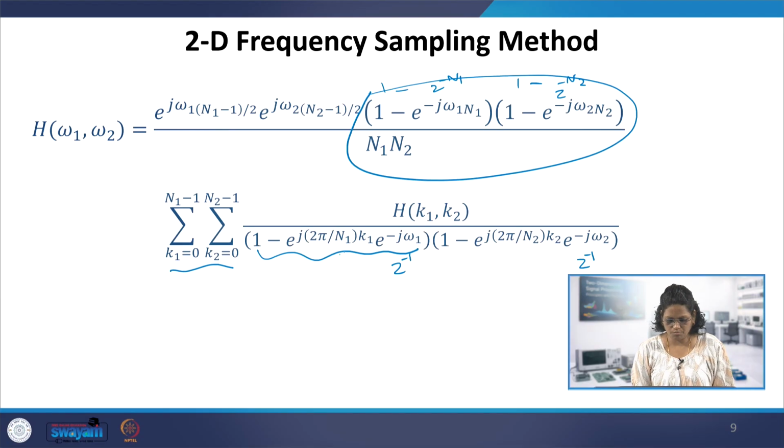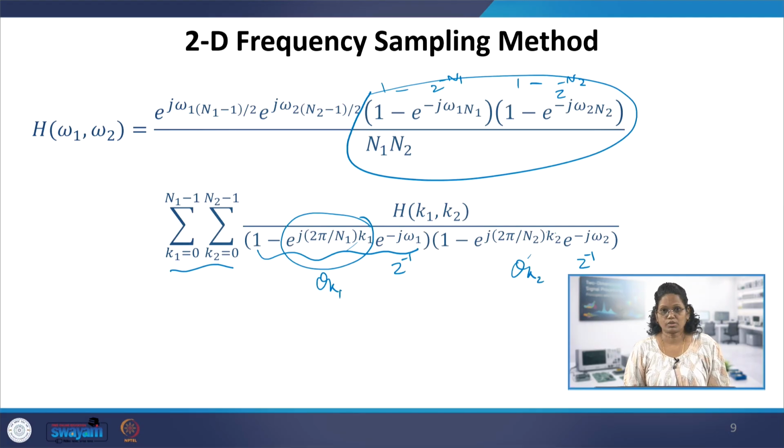And this portion is the theta k, that is e power j 2 pi k1 n1 by n1, e power j 2 pi k2 by n2. So this is another theta k. So this is for k1 and this is for k2. These two are contributing the poles, 2 poles in the z plane of the 2D.